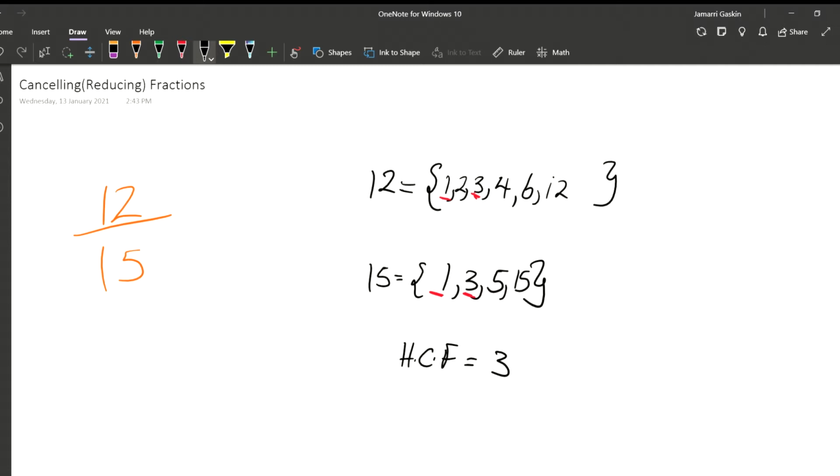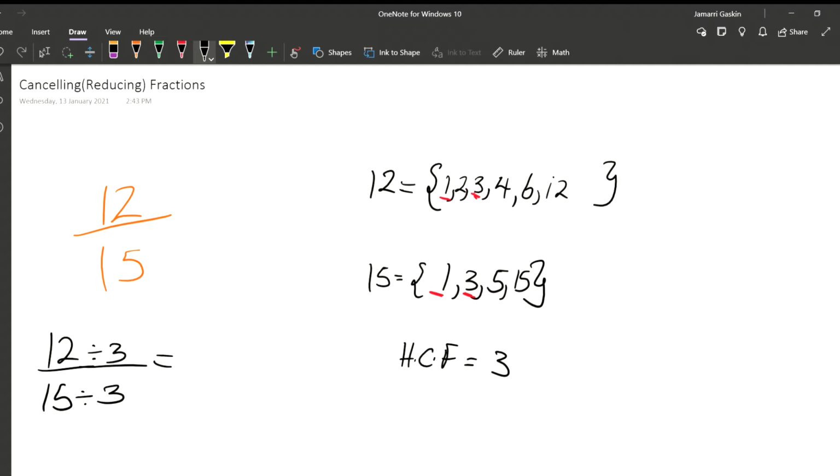Once we know what our HCF is, our highest common factor, then we simply divide our fraction by that highest common factor. So we're going to divide our numerator by 3, and we're also going to divide our denominator by 3.